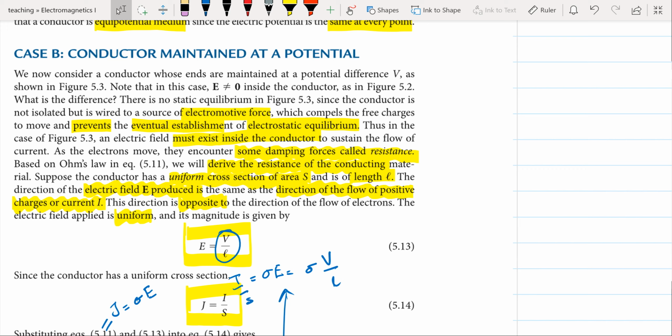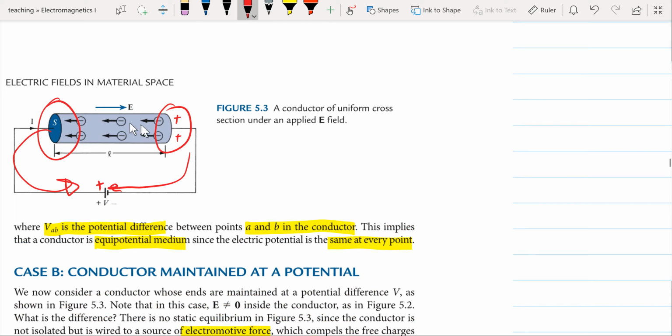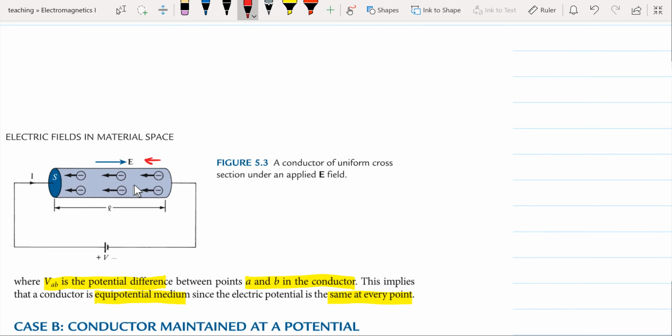Thus, in the case of figure 5.3, an electric field must exist inside the conductor to sustain the flow of the current. And as the electrons move, they encounter some damping forces called resistance. So of course, electrons now will be moving against the field.